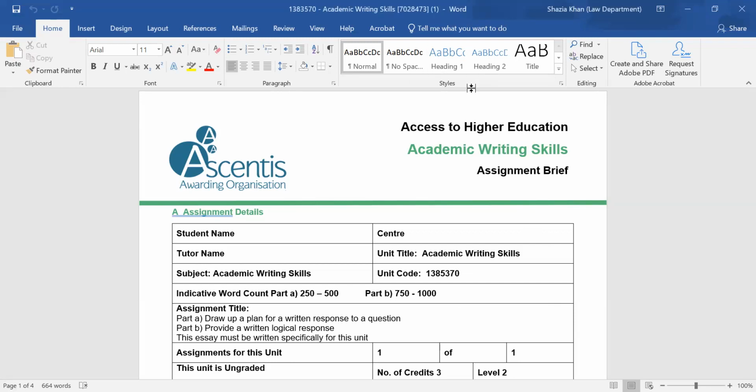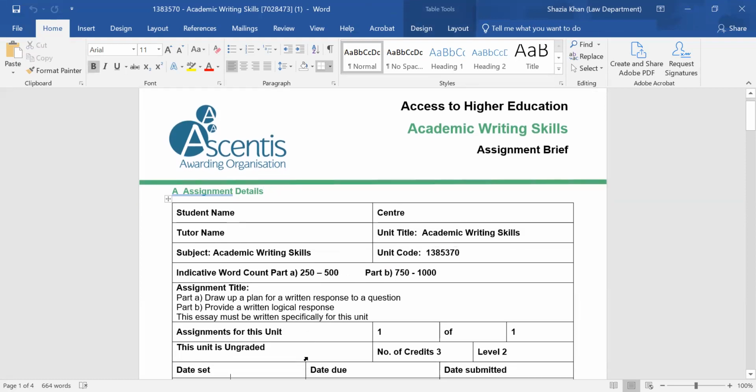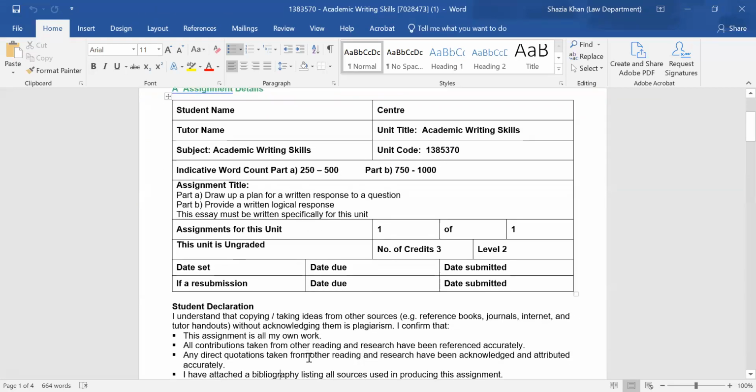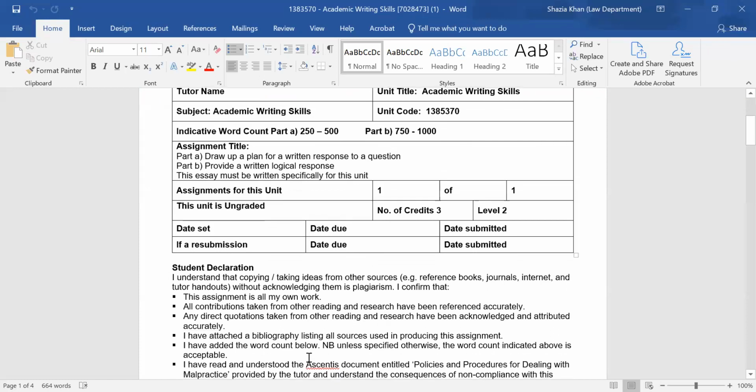So this is your assignment area. This is what you need to do. There are two parts to it. Part one, indicative content. The assignment title: Part A is to draw up a plan for a written response to a question.